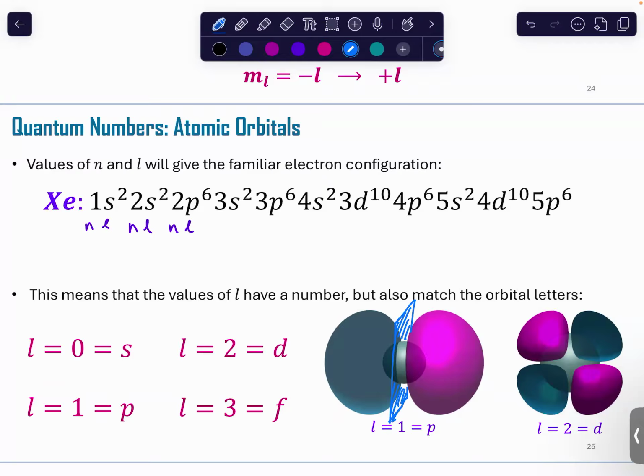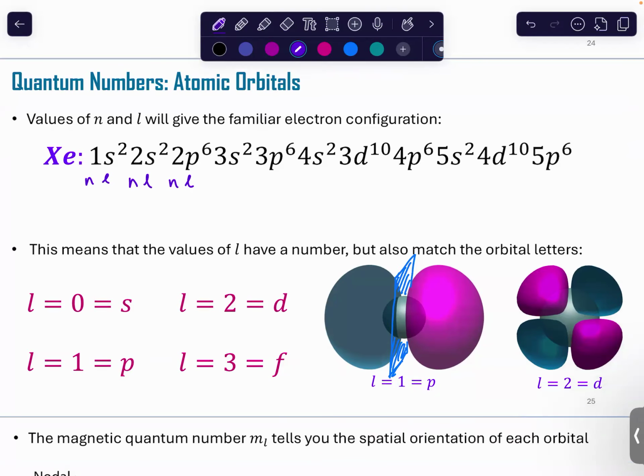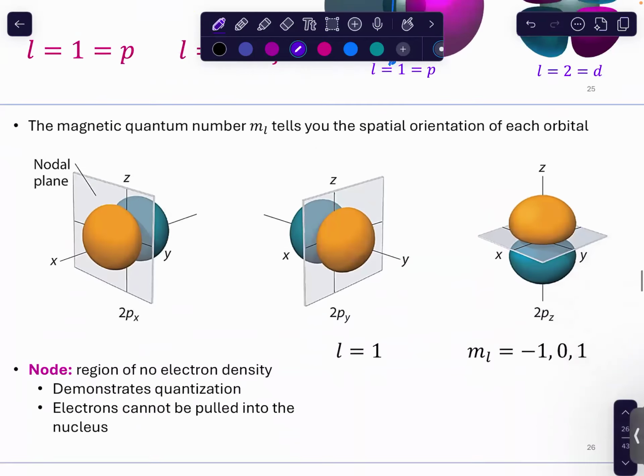I want you to start to get used to visualizing these structures that aren't actually there, because you'll need it for molecular symmetry. So keep in mind, L is the one that tells you the shape of the orbital you're looking at.